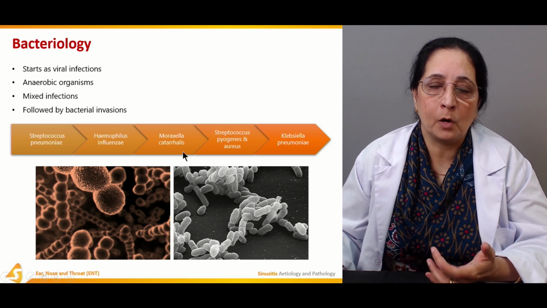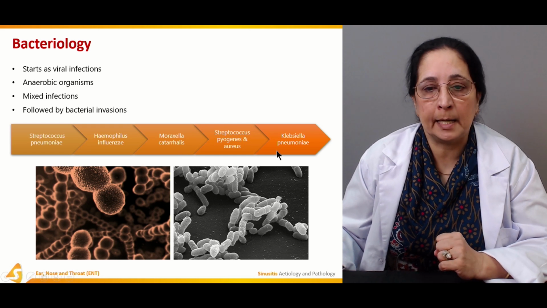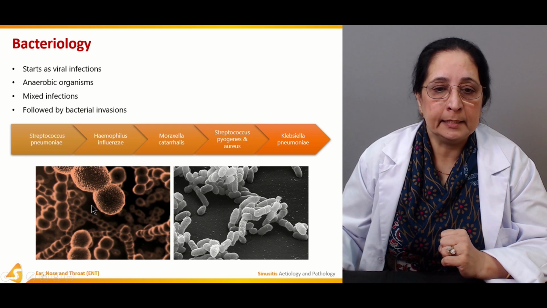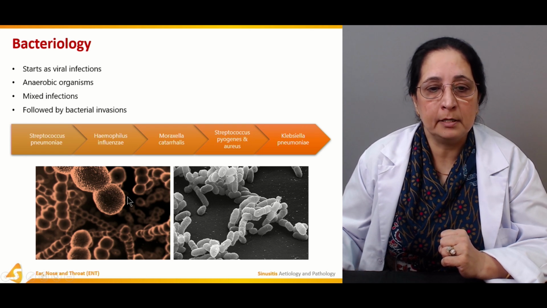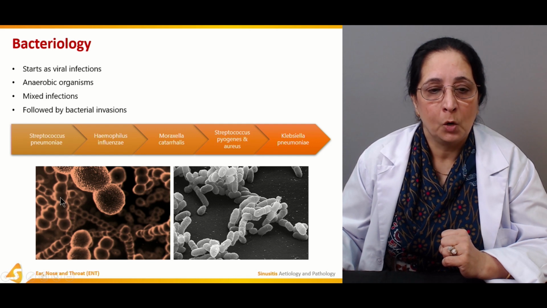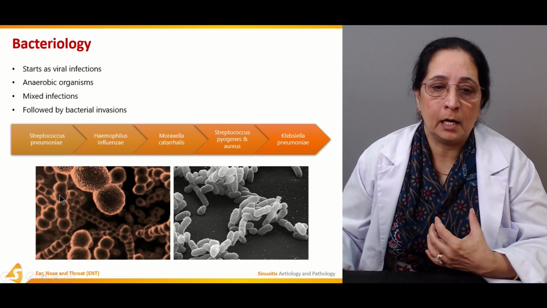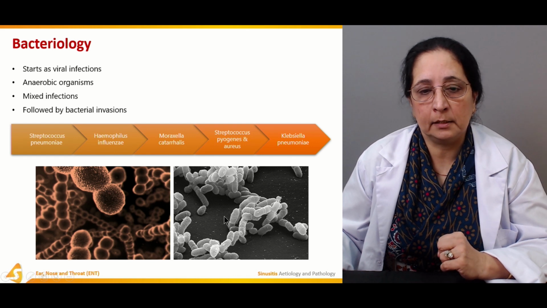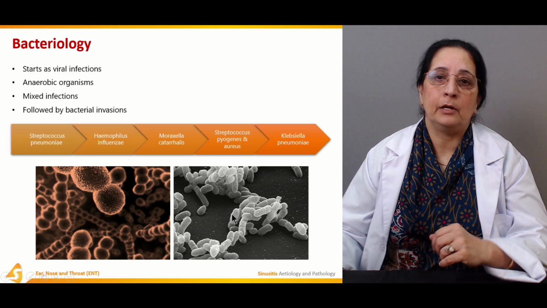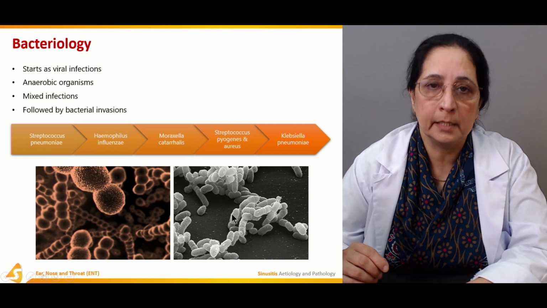Klebsiella also can cause infection. In this diagram, you can see different microorganisms. These are the round shape cocci. Cocci are round shape, and these are the rod shape, which are the bacilli. So different microorganisms can cause infection.